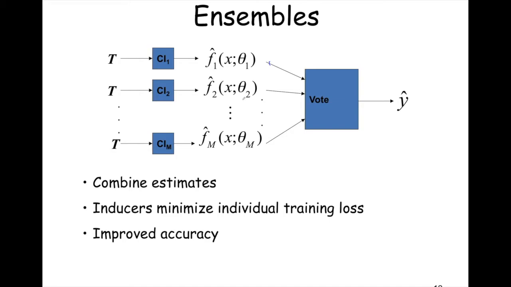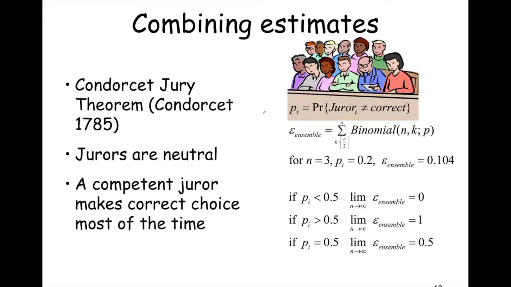An important fact to remember is that these classifier inducers try to minimize training error, or in-sample error, as it were. So the goal is to aggregate a bunch of component classifiers such that the resulting aggregate label has a lower error out of sample than the best of the individual component classifiers. That's what we're after with an ensemble.